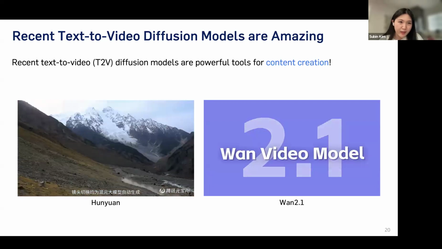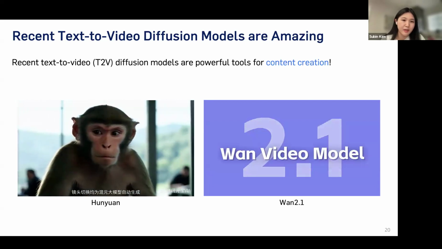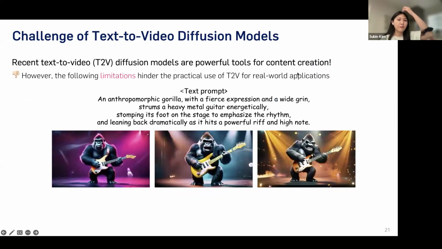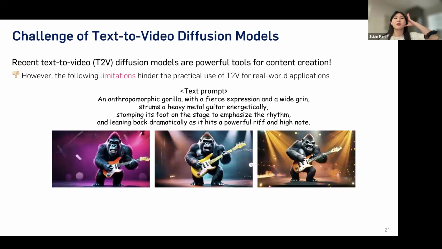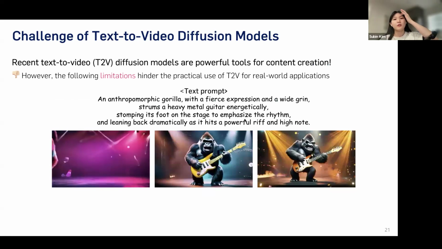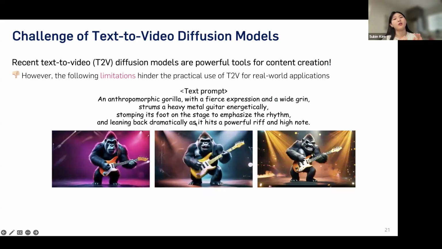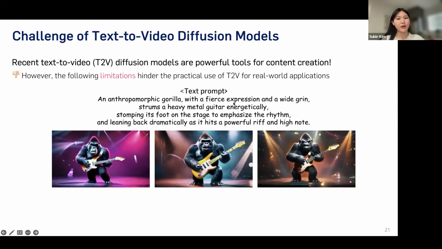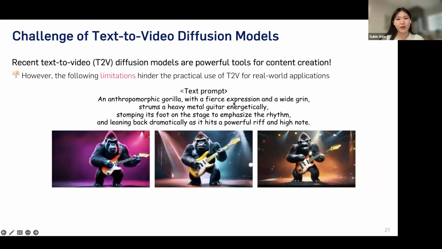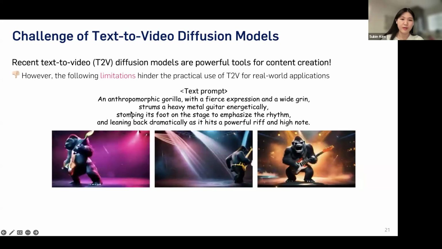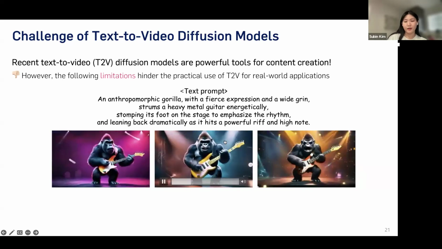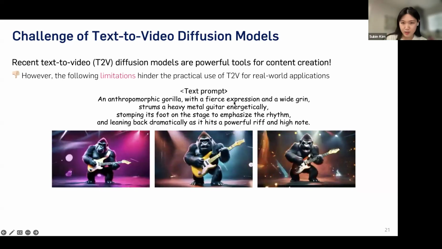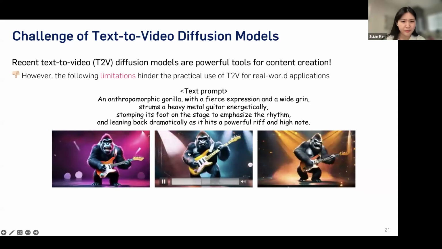I believe one day text-to-video diffusion models could be widely used for content creation. But here is the challenge. When we have a very long text prompt, for example, an anthropomorphic gorilla is first playing with a fierce expression and strong sentiment, we generate video from this text prompt.